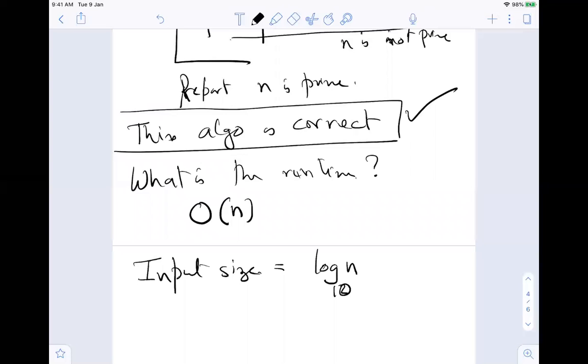Whatever representation of n you are writing, unless you give n as unary, where I will give you n by giving you n balls. That is not what happens, right? You specify n as a decimal or in binary or something like that.